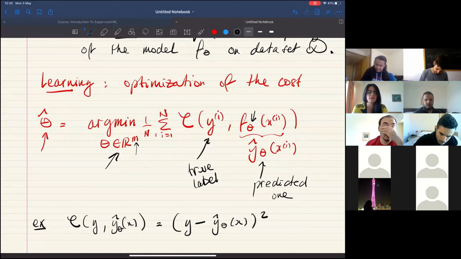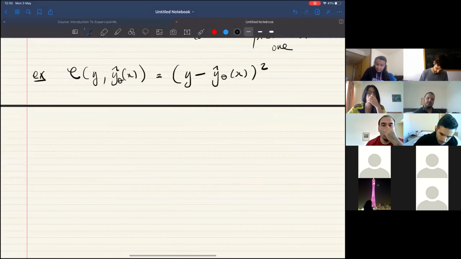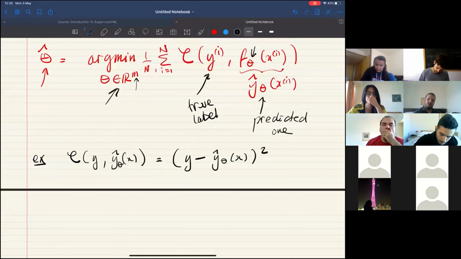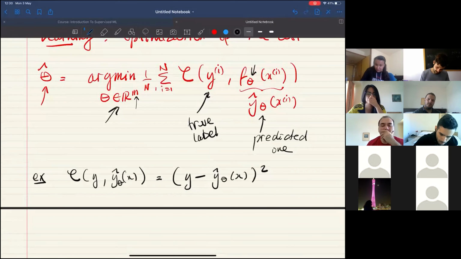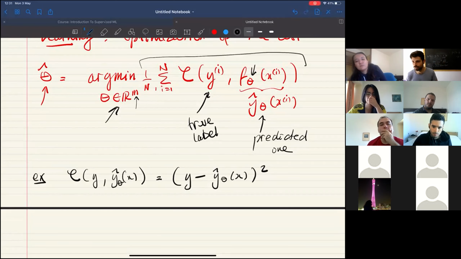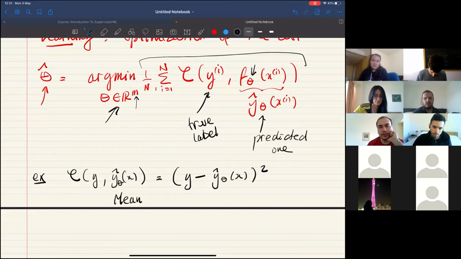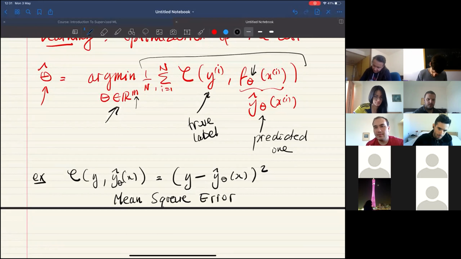then you see that this cost averaged over the data points is naturally called the mean square error, or MSE.